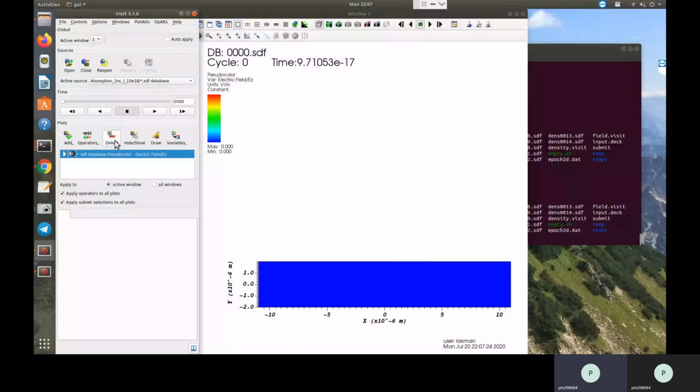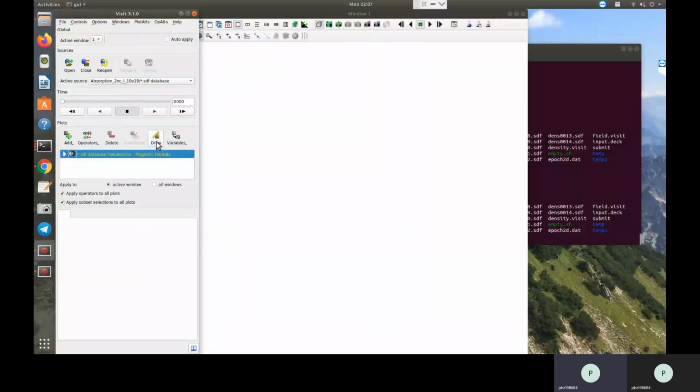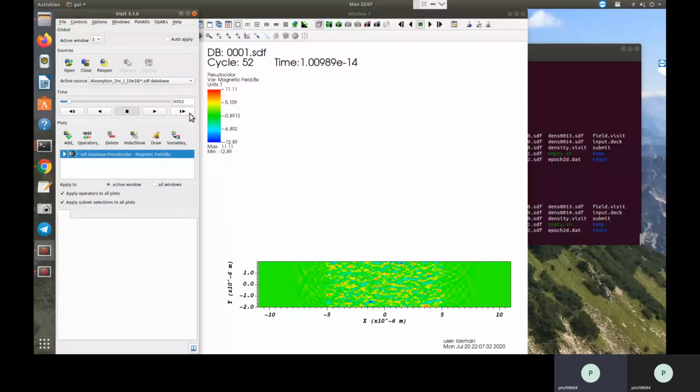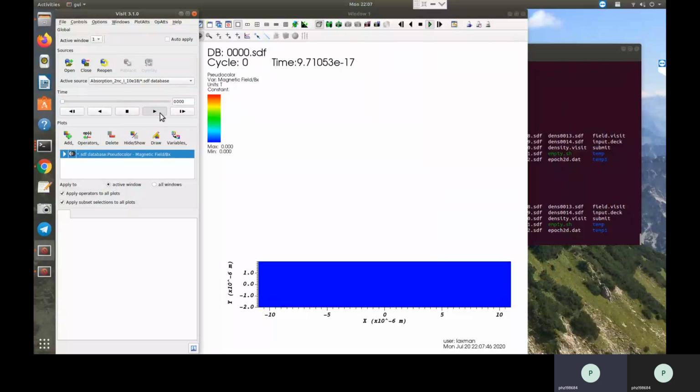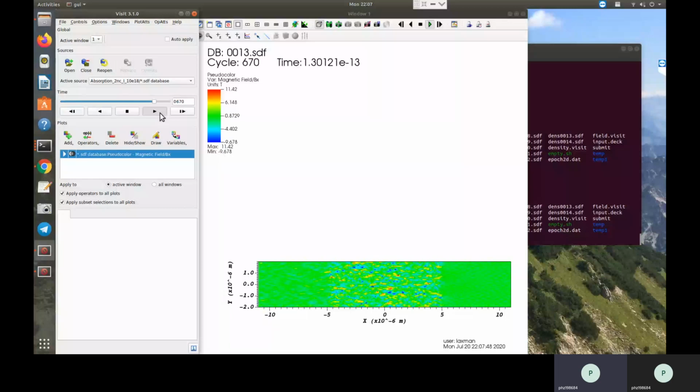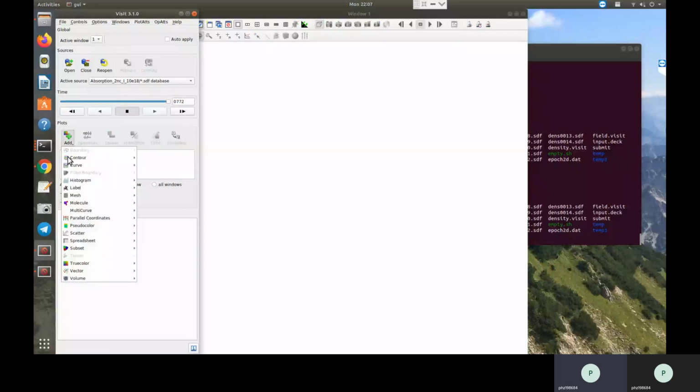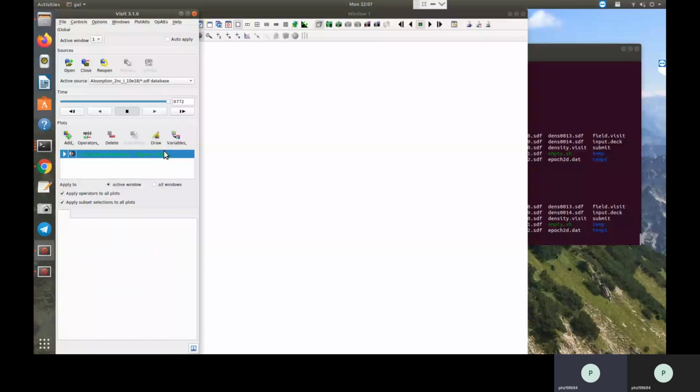Now we can plot the magnetic field also in the x direction. Now the magnetic field along the y direction.